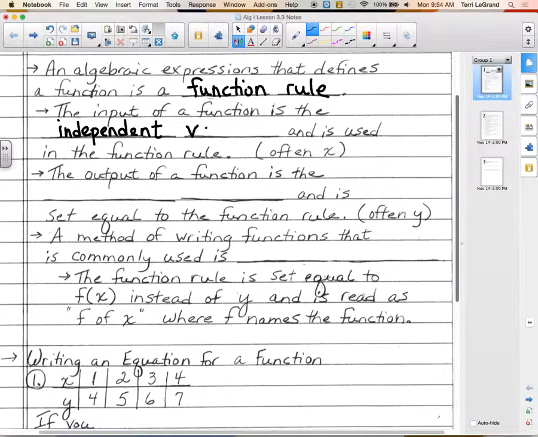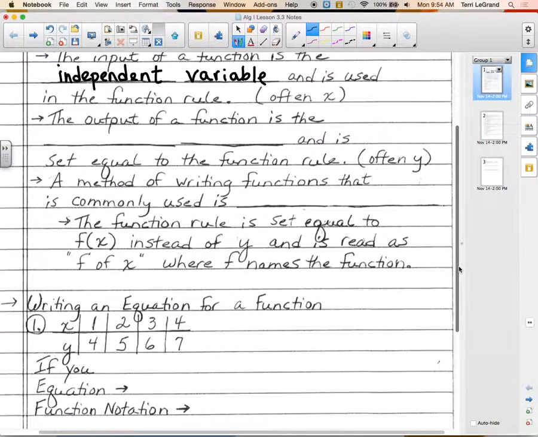So the input of the function is the independent variable and is used in the function rule. Oftentimes it's x. If it's x and y, it will be the x. If it's a and b, it might be a. If it's m and n, it probably would be m. So the independent variable, and typically it is x.